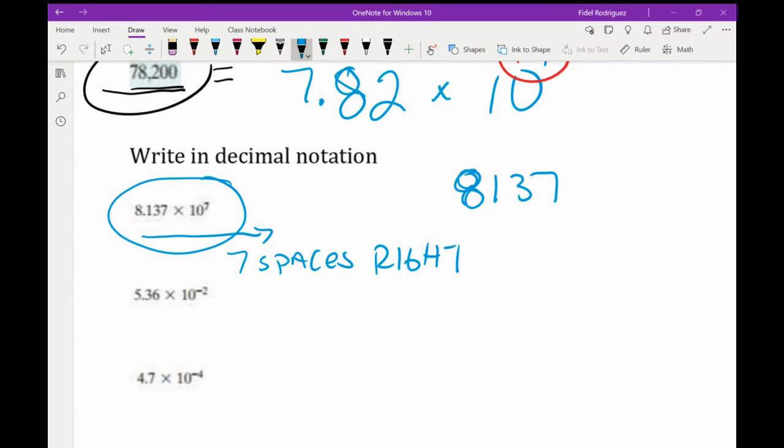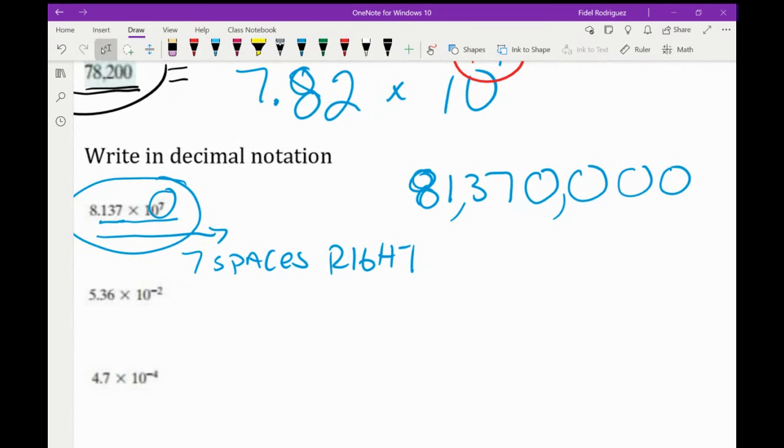So remember what we're going to do. We're going to move it a total of 7 spaces, right? If you notice, I already have 3 numbers right there, and I need to go a total of 7. So if there's already 3 numbers right there, to get to 7, that means I need to add 1, 2, 3, 4 zeros, and here's my number. And that would be 81,370,000, right?